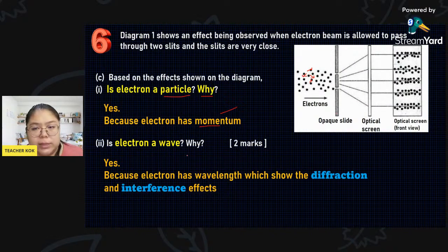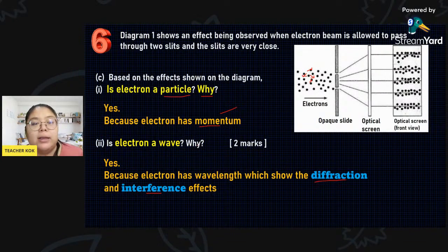Why do you say it's a wave? Because the electron can show diffraction and also interference. So we say electron has a wavelength that can show diffraction and interference effects. Because of these two concepts, we bring in the wave particle duality, from Einstein and also de Broglie.